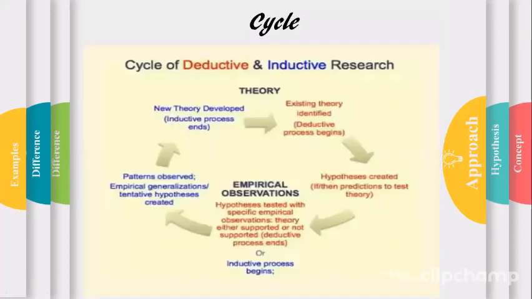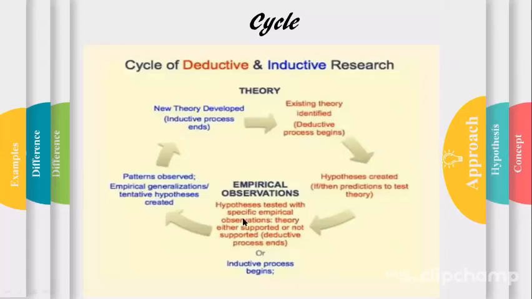This is the cycle of deductive and inductive research. This is in short actually what I have said just now. So the red indicates the deductive. First the theory is there already, and in deductive, based upon the theory, a hypothesis is created and then it is tested through empirical observations.